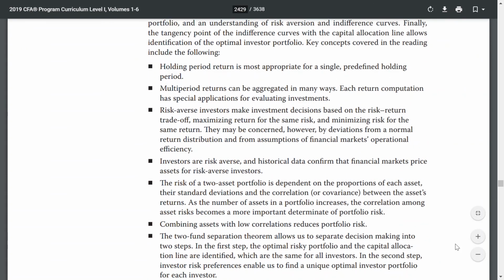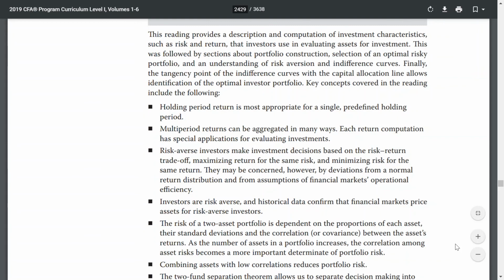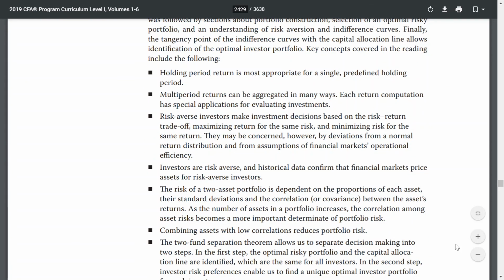A holding period return is the most appropriate for a single predefined holding period. Multi-period returns can be aggregated in many ways. Each return computed has special applications for evaluating investments.